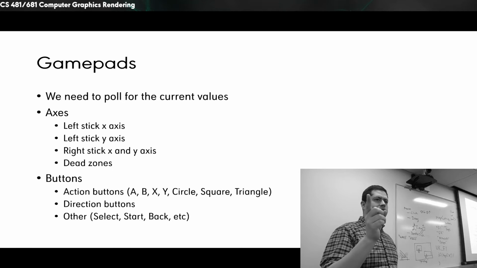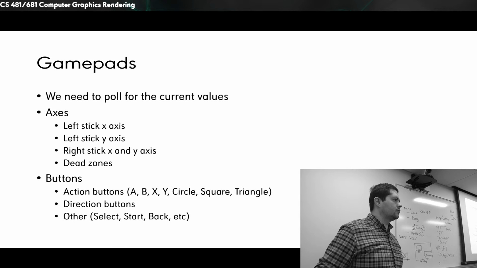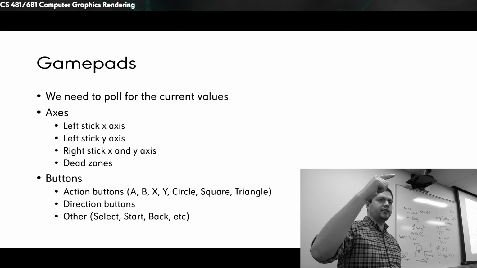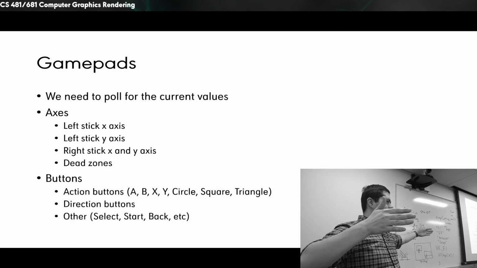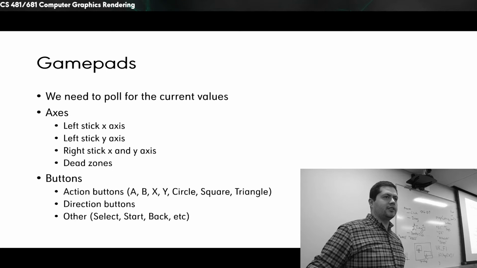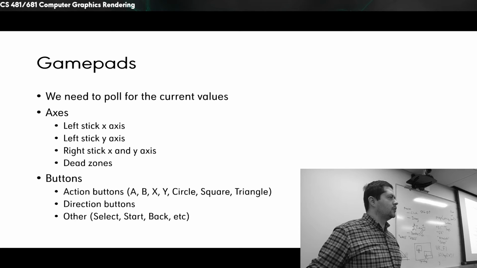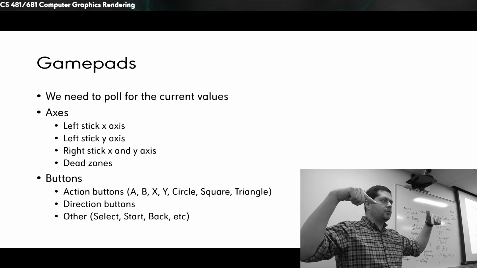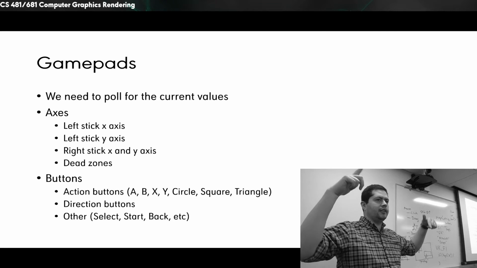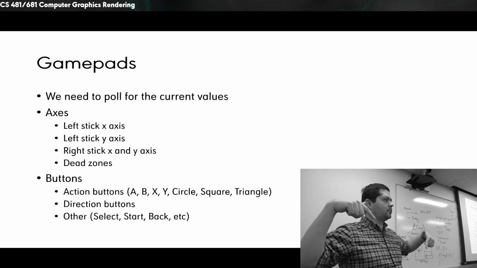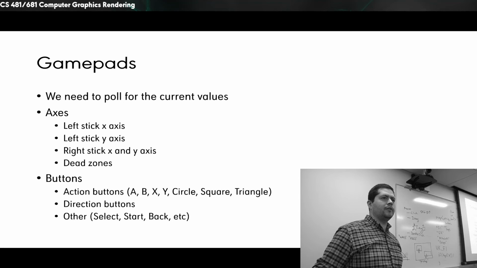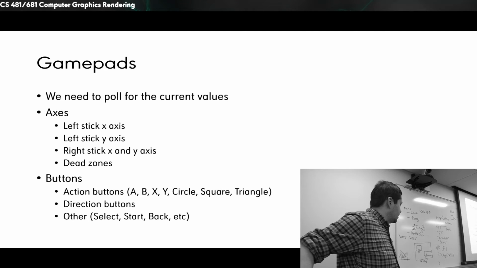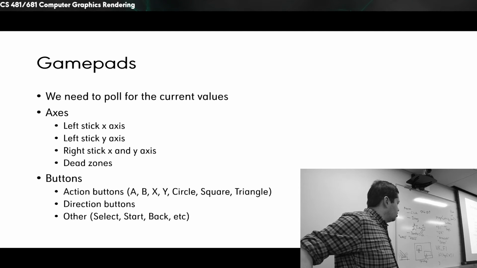They call it the Z-axis. So you have X and Y. The idea is if you press one trigger, that goes positive, and if you press the other one down, that goes negative, and then they just sum together. If you're pressing them both down, you get 0. If one's a brake and the other one's gas, they should cancel each other out. It's kind of interesting how that works.